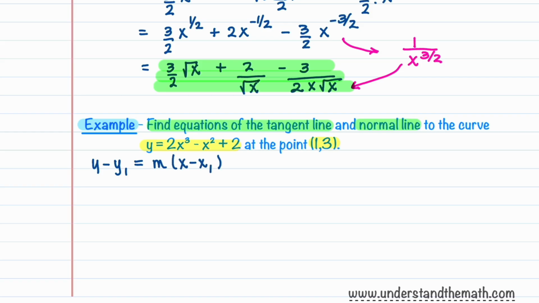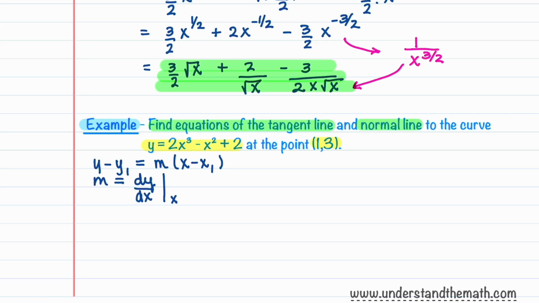The first thing that we need to do is find the slope. So the slope of our equation is the slope of the tangent line to the curve, and that is given by dy/dx. And we want to find that at the point (1, 3). So that means x is equal to 1.